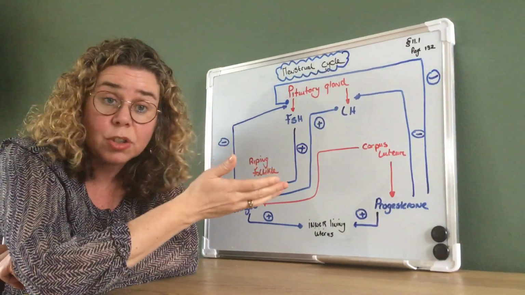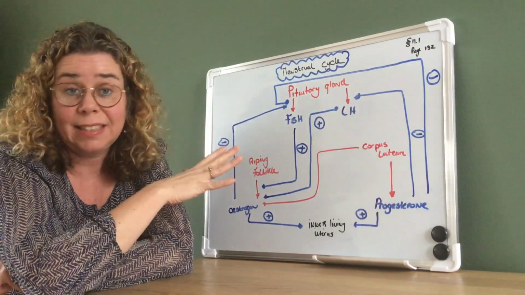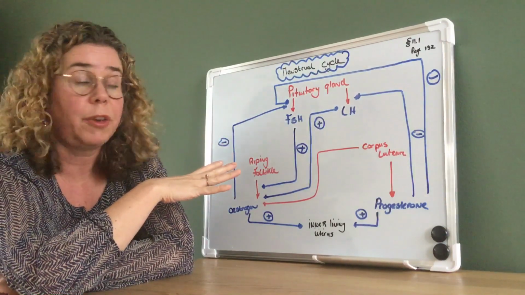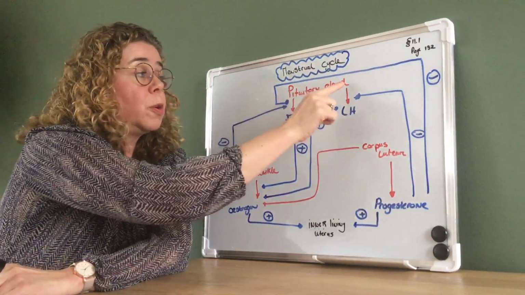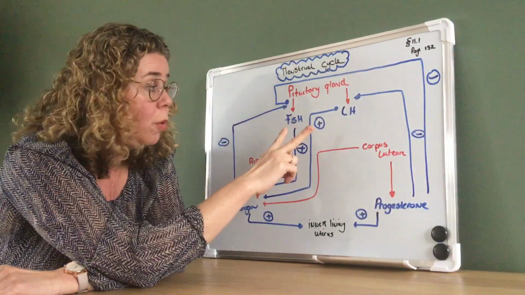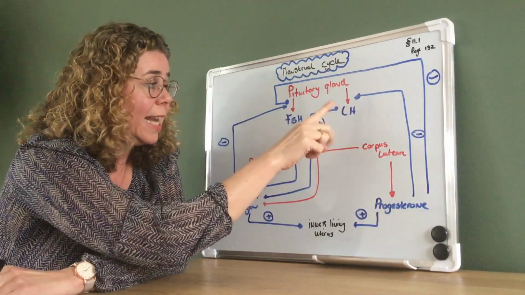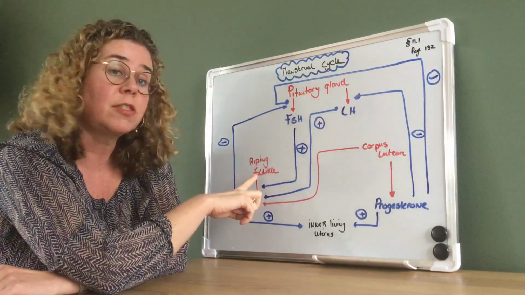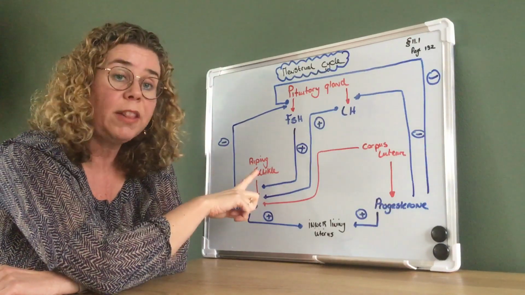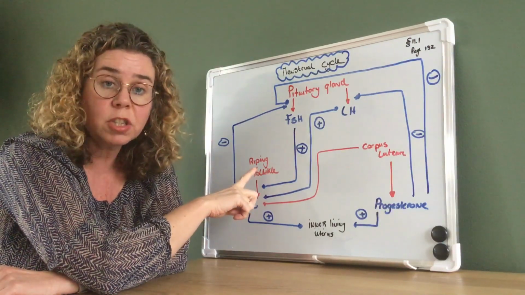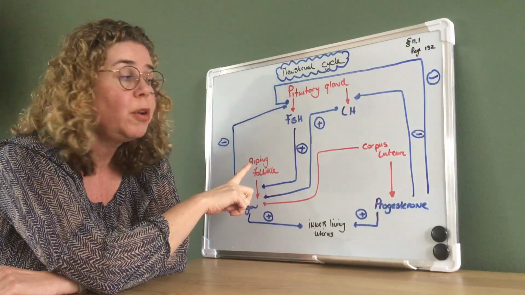Well, that is the schedule. I hope it makes it a little bit easier for you. So remember, you've got your pituitary gland. It's producing two hormones, FSH and LH. They both have a positive effect on ripening a follicle. When the follicle is ready, it bursts at day 14. We call this ovulation.